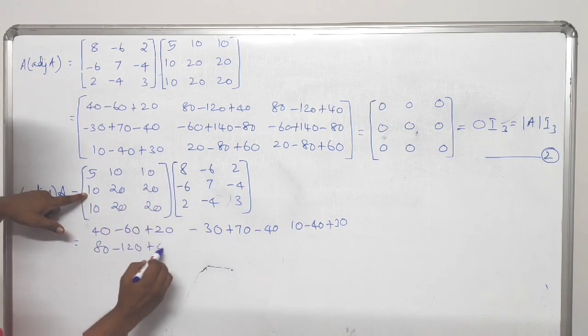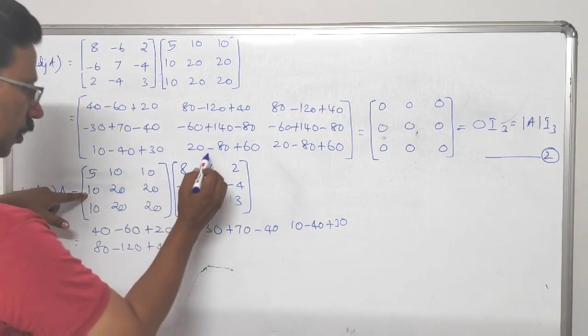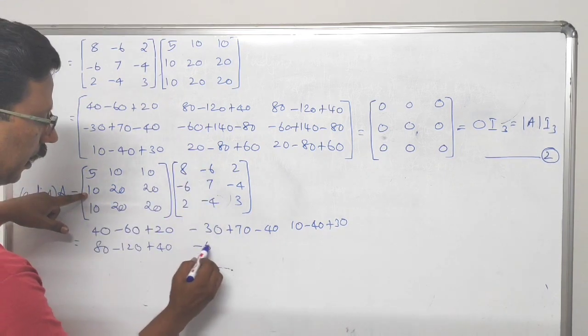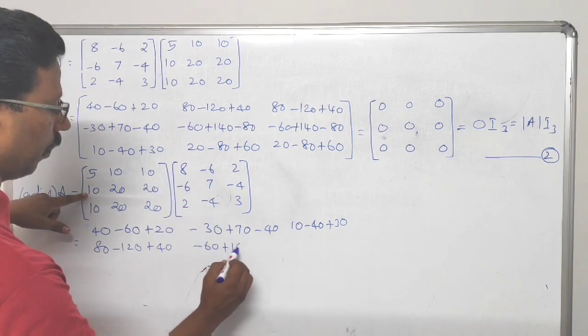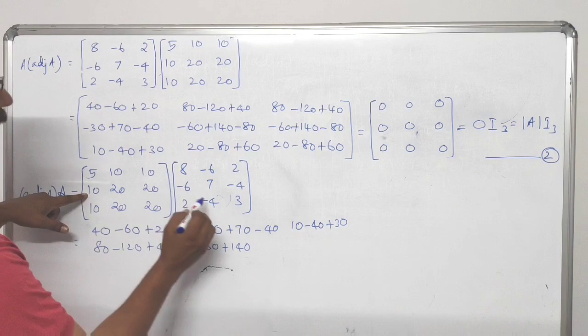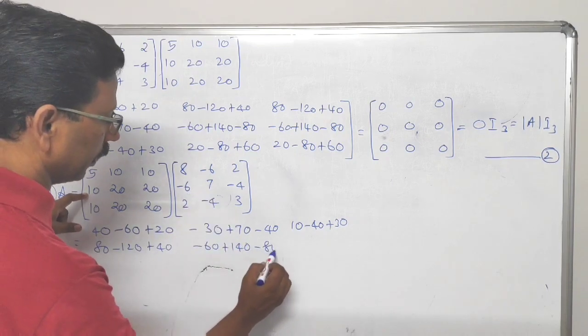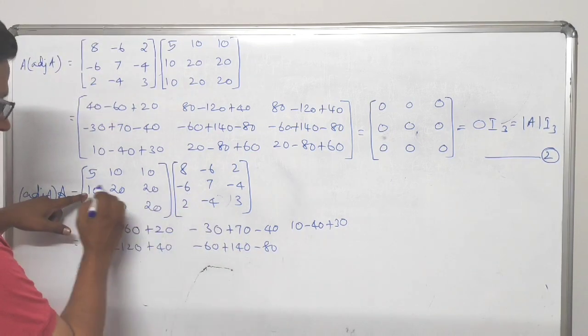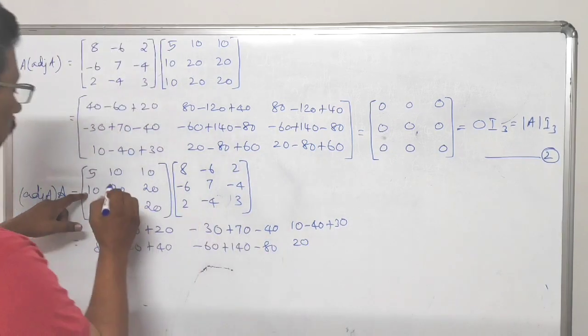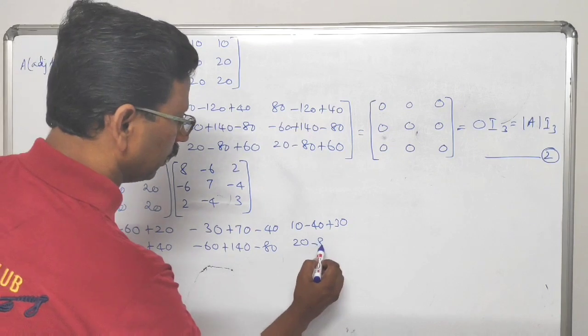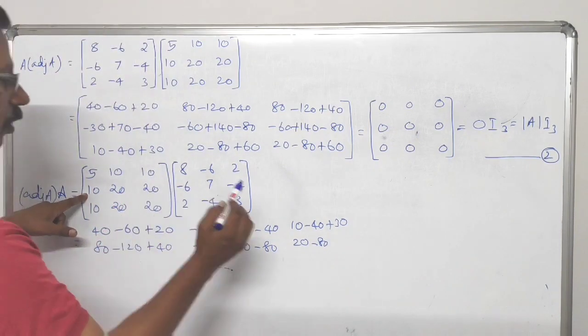Then second row, second column: minus 60, then 20 into 7 is plus 140, then 20 into minus 4 equal to minus 80. Then again second row, third column: 10 into 2 gives 20, then 20 into minus 4 is minus 80, then 20 into 3 equal to 60.